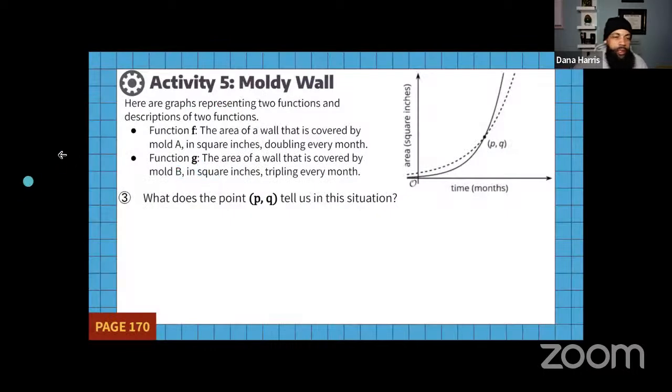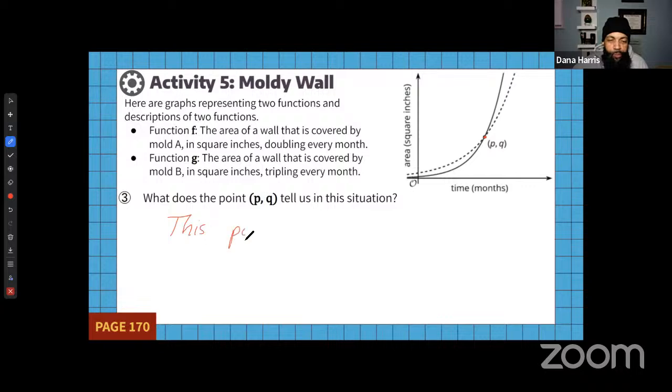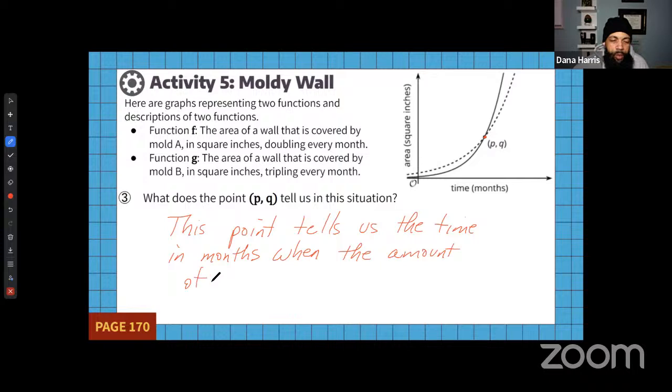What does the point P, Q tell us about the situation? Notice P, Q is where they cross, okay? So this point tells us the time in months when the amount of mold A and B was the same.